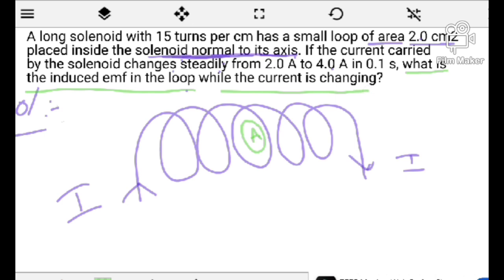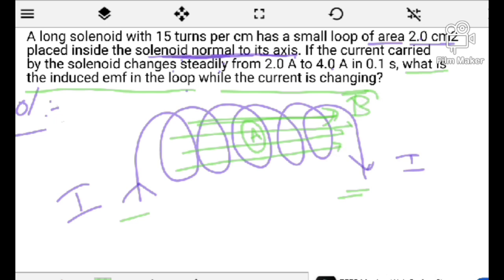As the current flowing through the solenoid changes, the solenoid generates a uniform magnetic field inside it.